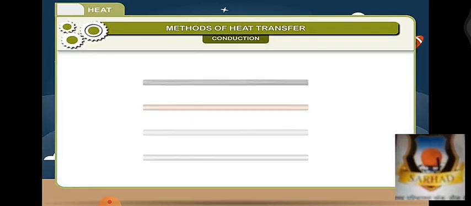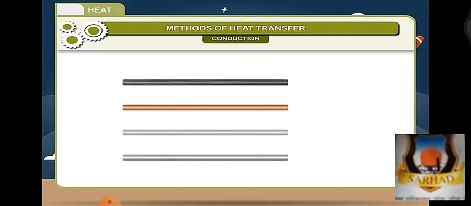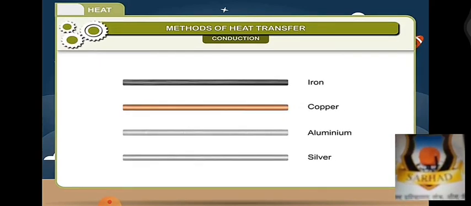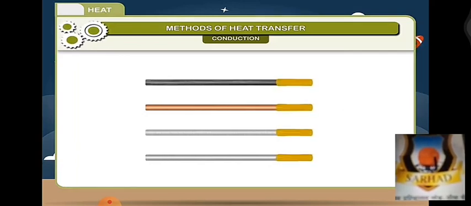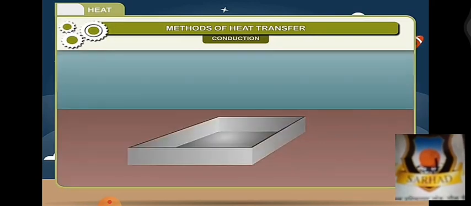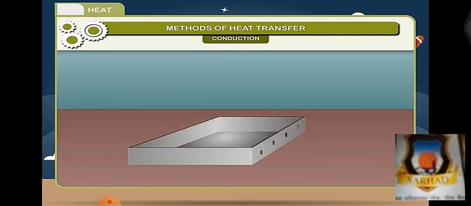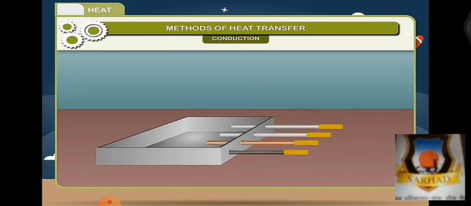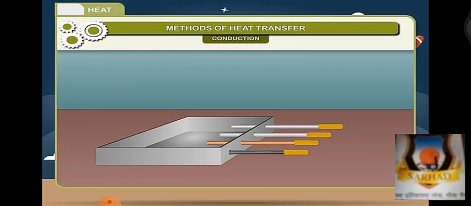Activity. Take 4 rods of different metals, say iron, copper, aluminium, and silver. The rods should be identical. Put an equal amount of wax on one of their ends. Take a small metal container, make holes in the container, and insert the rods inside the container so that the end having wax is outside, as shown in the figure.